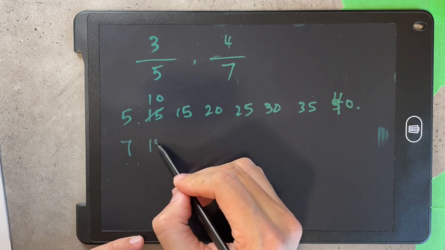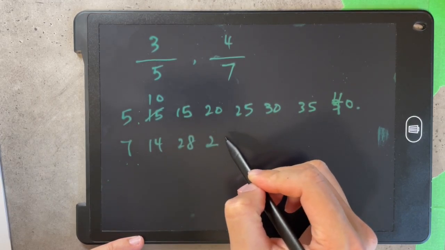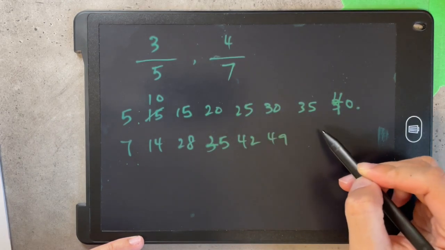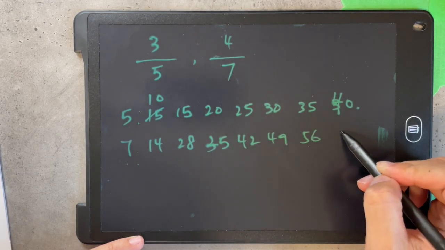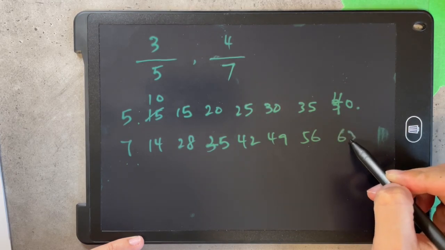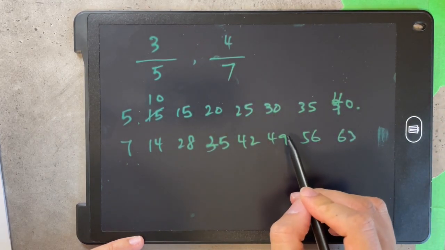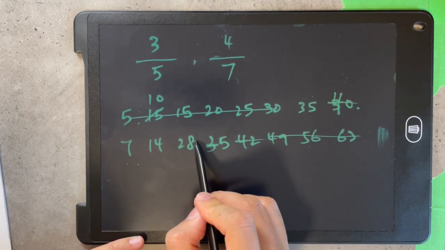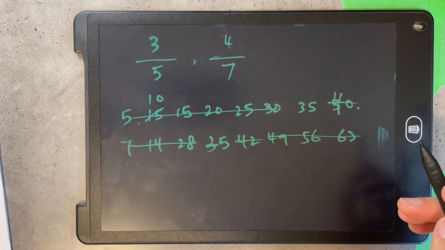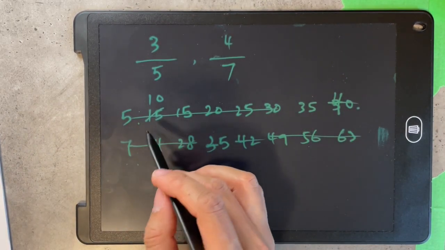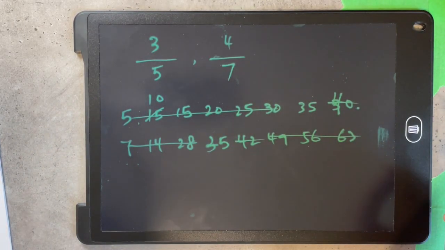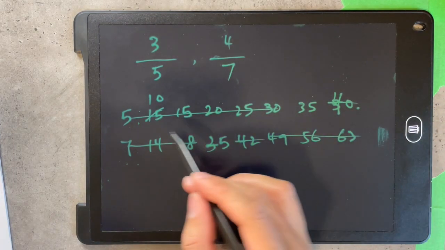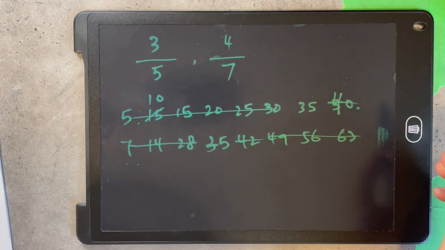I have 7, 14, 28, 35, 42, 49, 56, and 63, right? None of these work other than 35 itself, right? So now, how can we determine a common multiple for any two numbers?